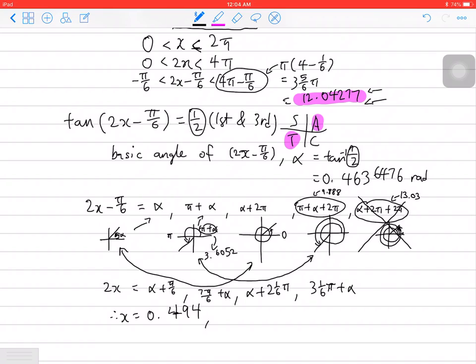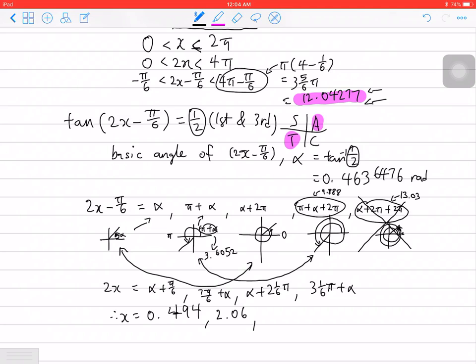The second one, 7 pi divided by 6 plus alpha, and we are getting 4.13, and we divide by 2, we have 2.06.